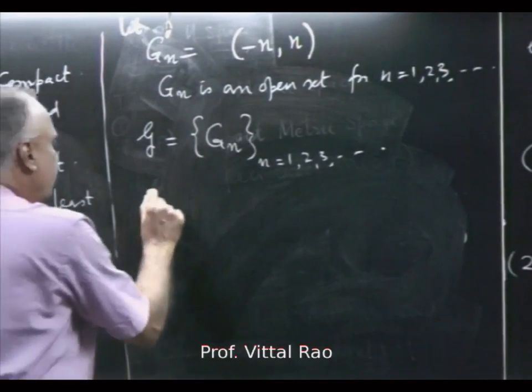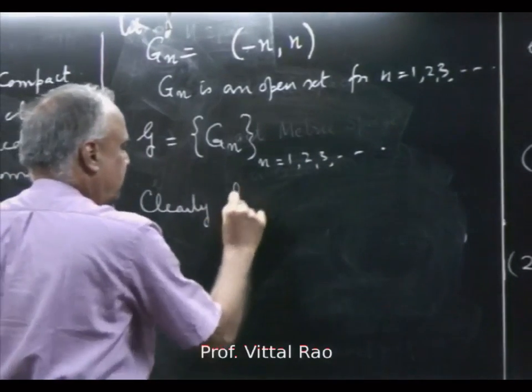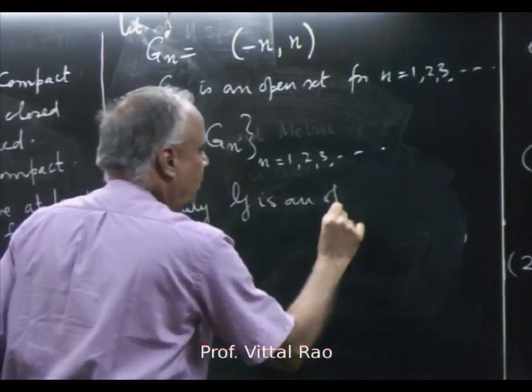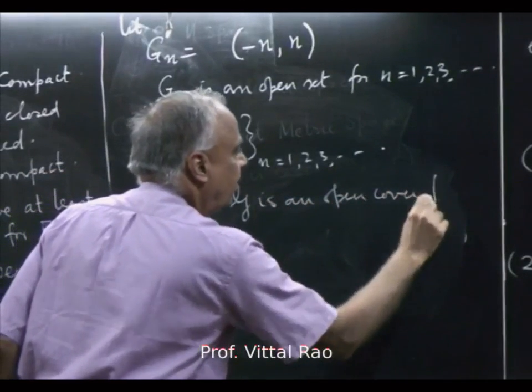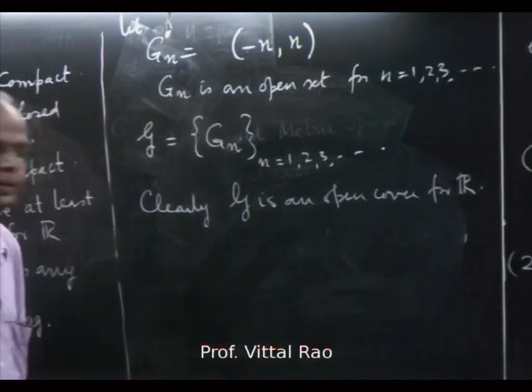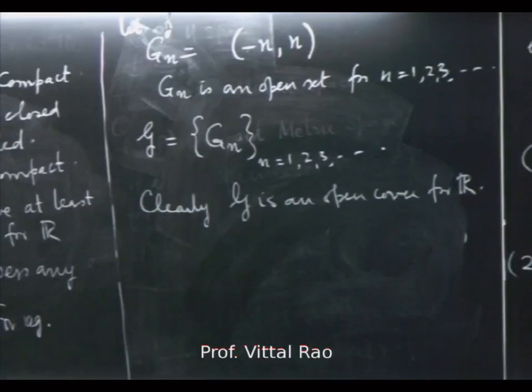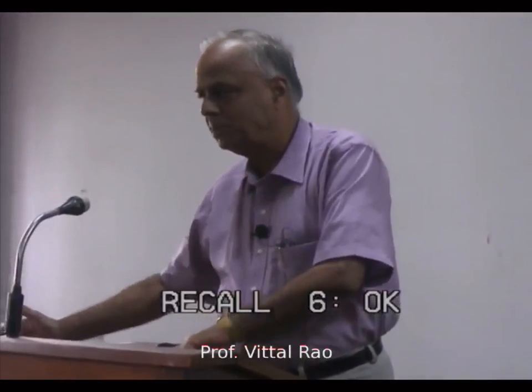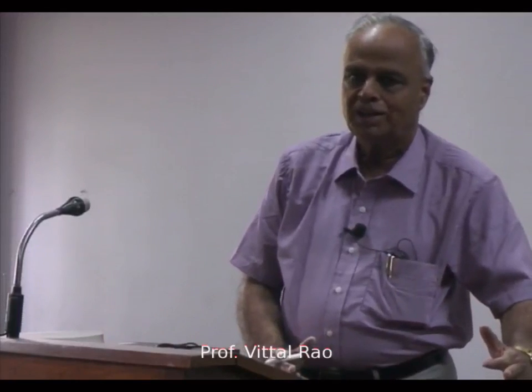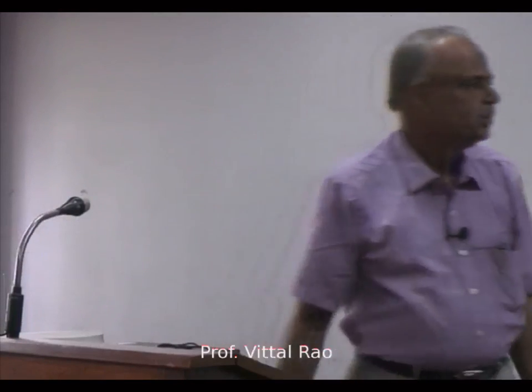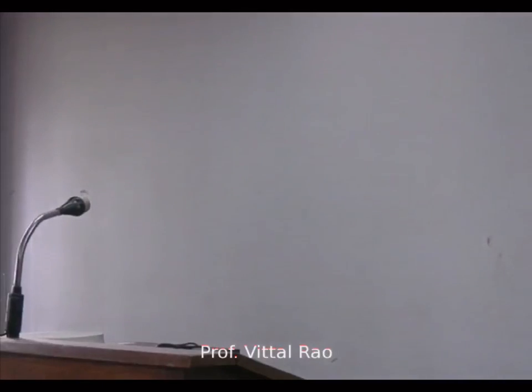Then clearly G is an open cover for R. If you take any real number, there will be sufficiently large n such that it lies between minus n and plus n. Take the integer which is big, if it is positive, take the integer bigger than that and take minus n to n. If it is negative, take smaller than that and take minus n to n. So clearly it is a cover for R.